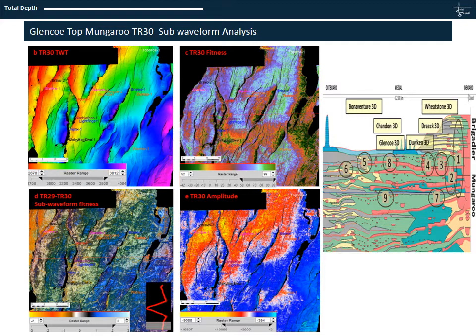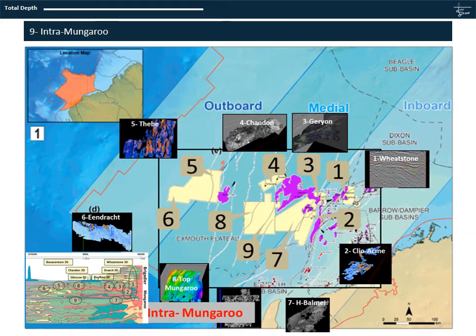We can see this is the instantaneous amplitude at the pick. And we can see that there's some high amplitudes through here that may be representative of lower saturations of gas, or maybe representative of variability in the carbonates. But you can see it is similar, but it's also different to the fitness.